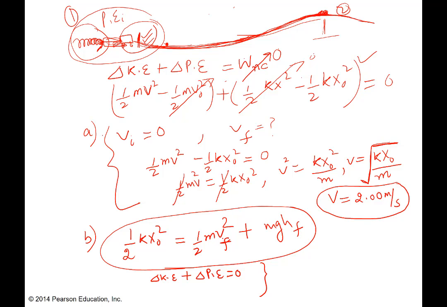I don't care for part 1, for the part B. So the change in potential energy was 1/2 k x squared minus 1/2 k x naught squared. Sorry, that's the potential energy, the change in PE.